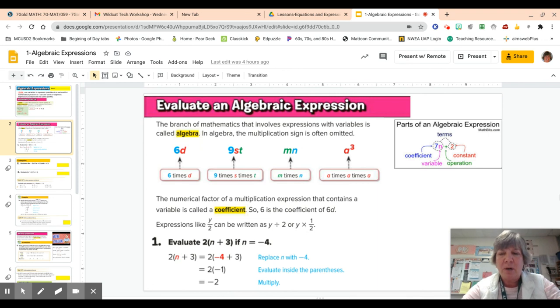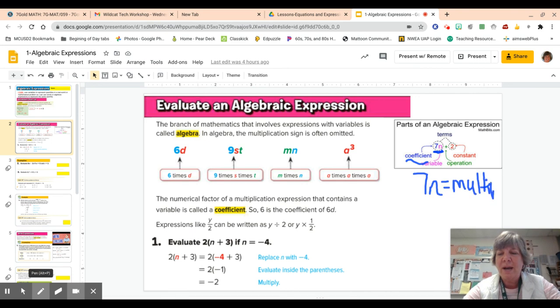Well, I have different parts of these variable expressions. A coefficient. Co means to work with. So the coefficient 7 works with the variable n. When they are right next to each other, the operation is to multiply.